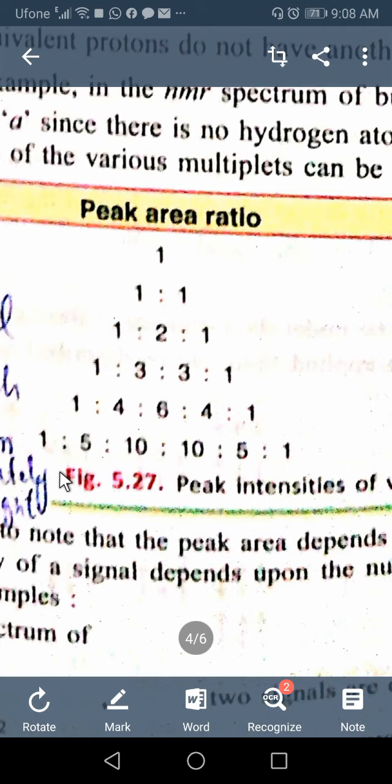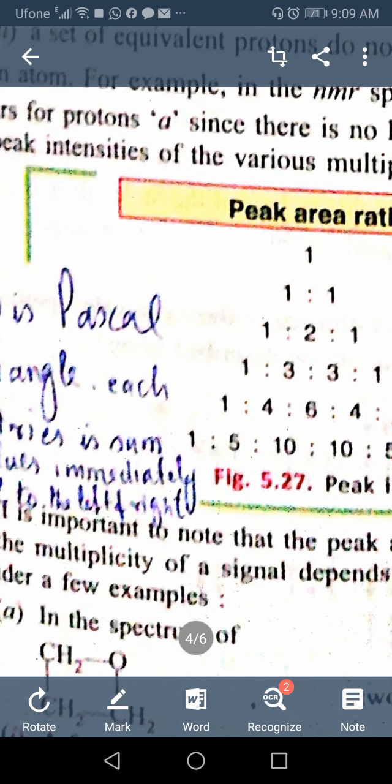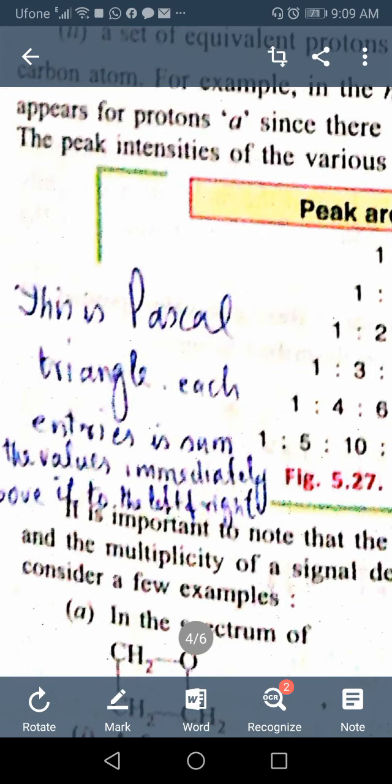So in this way you can predict how many lines will be present in a split peak. Here it is a sextet, then in the next it will be a septet. And their intensities can also be very easily explained by the use of the Pascal triangle.